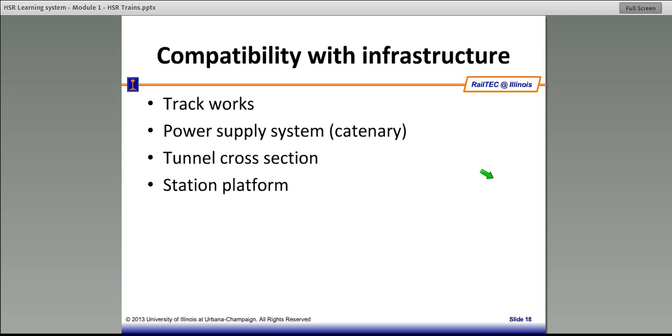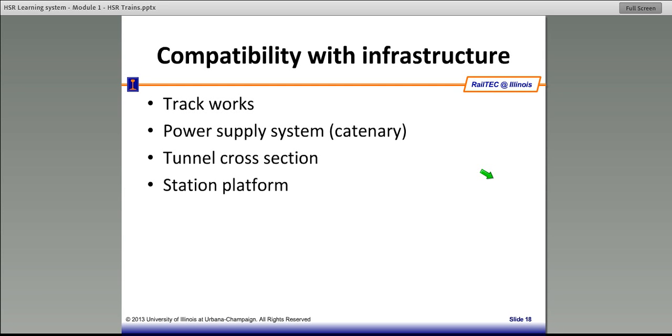After that, you have to look into what infrastructure you have, what the track work is, whether it is standard gauge or another type of gauge, whether it is slab track or ballast track. And so you have to consider the effect of the train running on all this work.